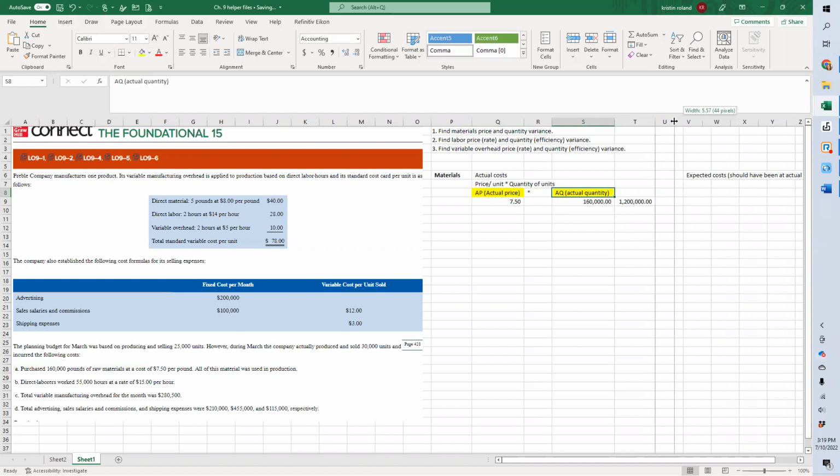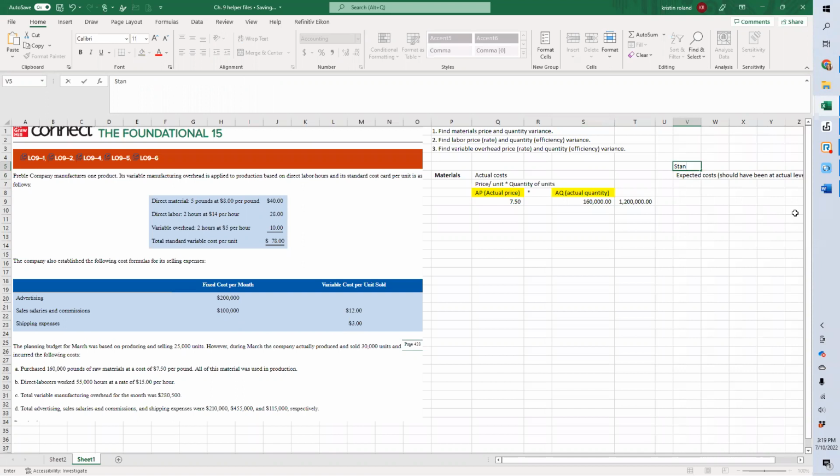And let's come over here and talk about our expected costs. Another term for this that we're going to use is standard costs, right? That's what we expect to spend. And we're going to look at the standard price, what we expect to spend per unit, times the standard quantity.